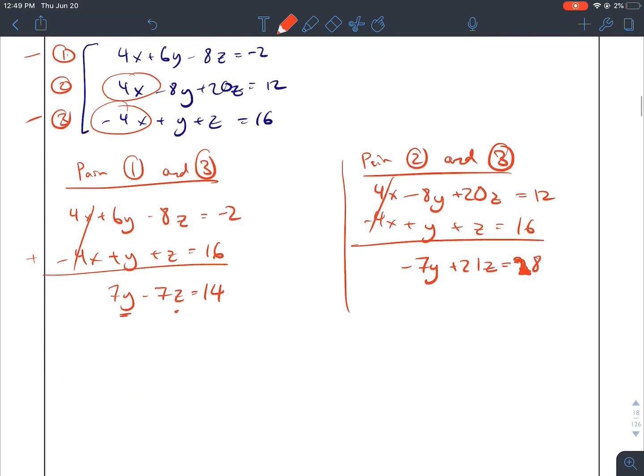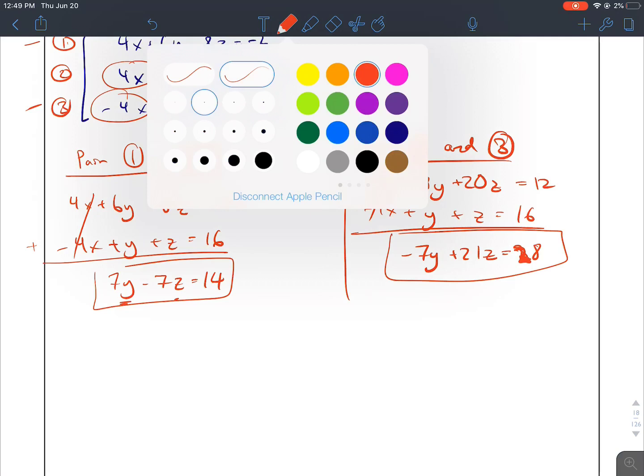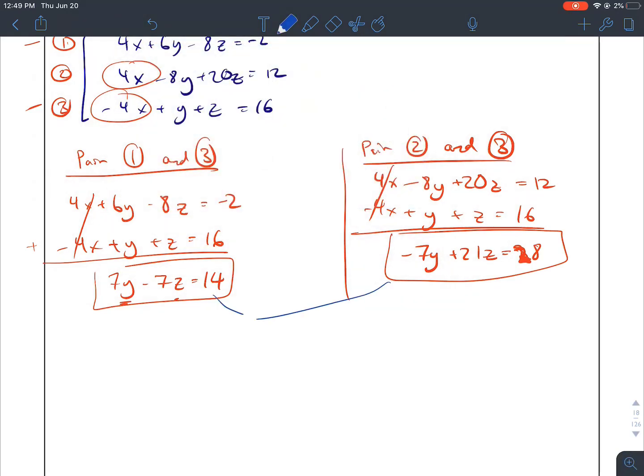That's how you add. So now we'll take these two equations and we'll pair these up to solve one more time. So we get 7y minus 7z equals 14, and negative 7y plus 21z equals 28. And we're in really good shape here because we already have our y column matching an opposite. So when we add these equations, they cancel out.